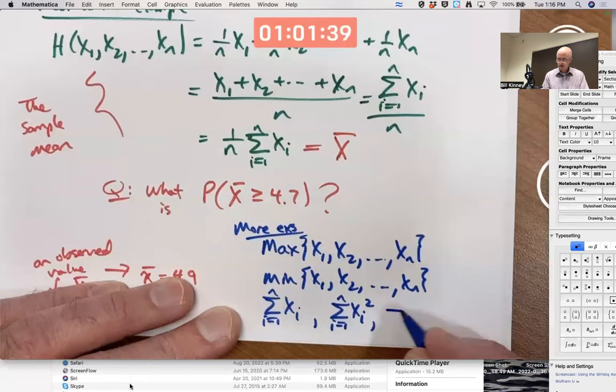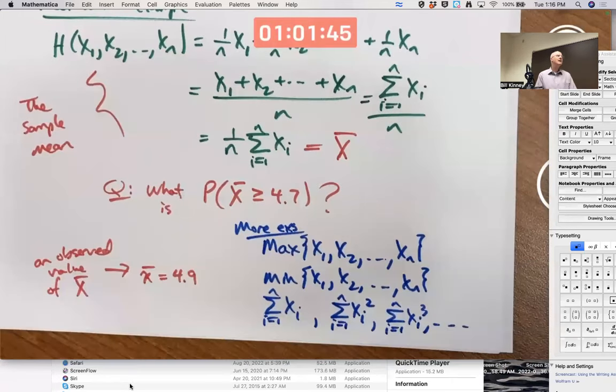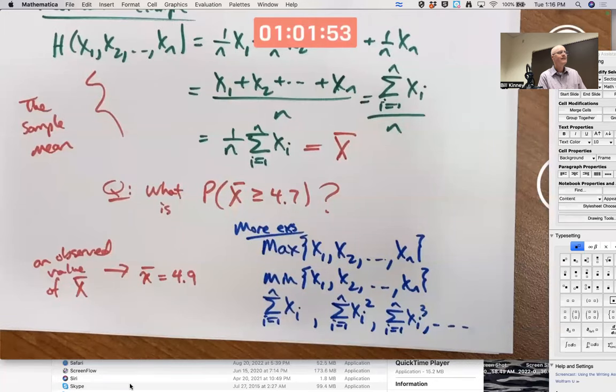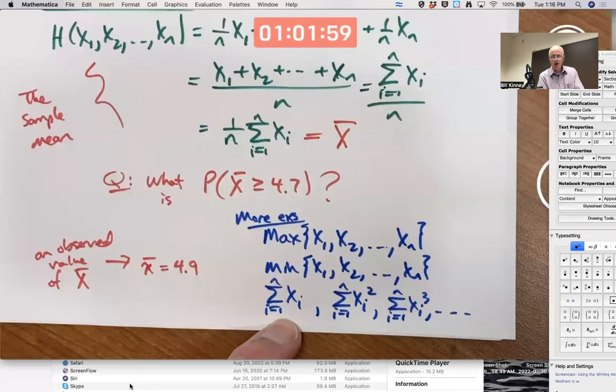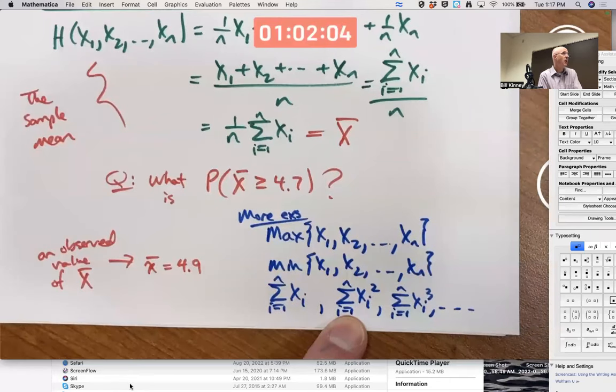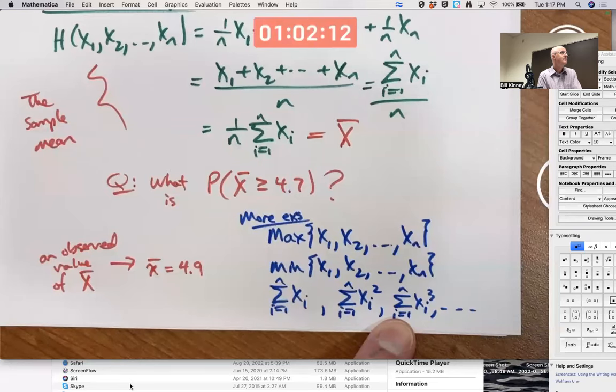Or the cubes, etc. Yeah, those are important too. This one is related to finding a sample mean, X bar. This one, you might wonder if it's related to estimating a second moment for a random variable. And it might be. This one would be for like a third moment. Maybe we have to divide by n as well to get those estimates.